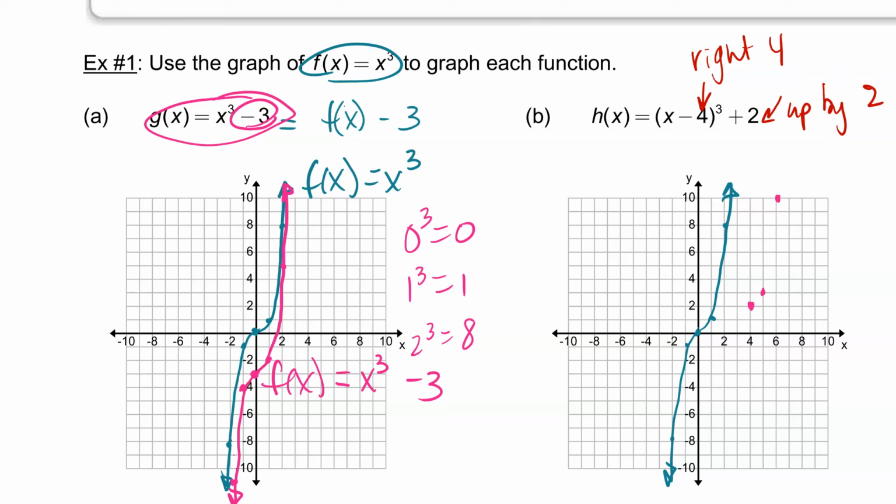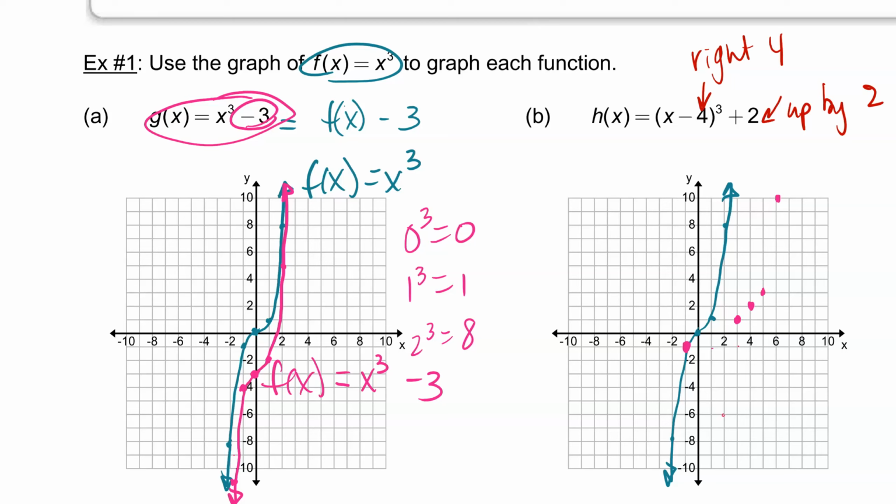New point. Right by 4, up by 2 from my original points. So I'm going to select -1, -1. Go right by 4: 1, 2, 3, 4, and up by 2. Shifting all of my points over 4, up by 2. Go to -2, -8.